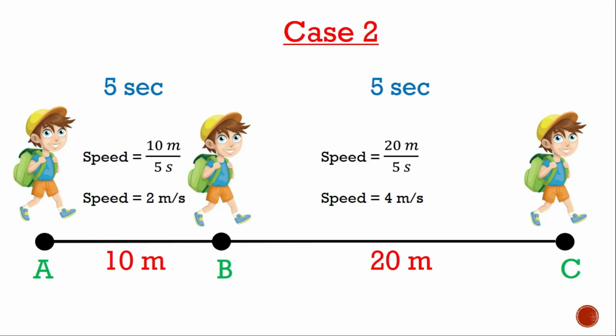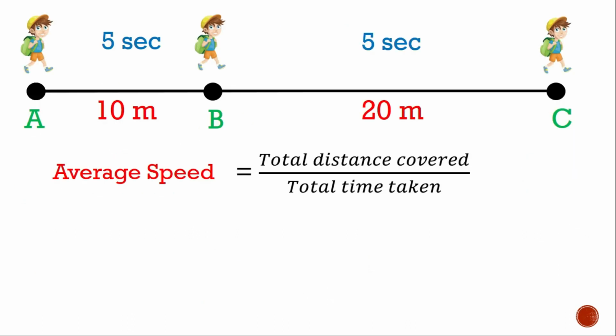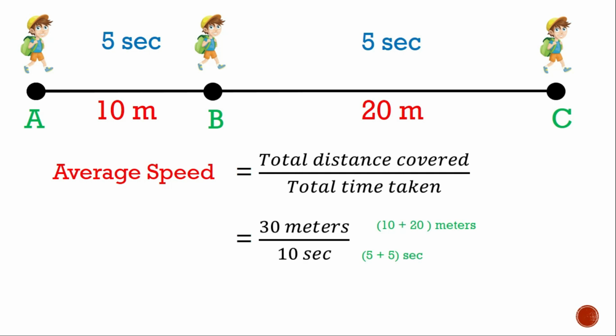Instead, what we do is find out the average speed of the object, which is done by dividing the total distance covered by the total time taken to cover that distance. So in this case, the average speed will be total distance covered, which is 30 meters, divided by total time taken, which is 10 seconds, which gives us the average speed to be 3 meters per second.